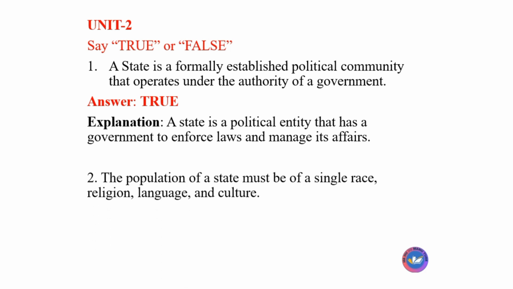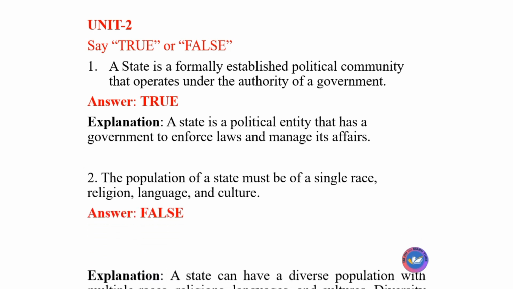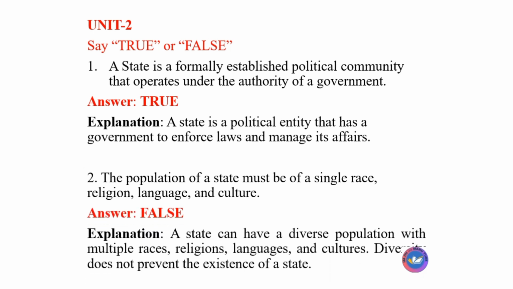Question number 2. The population of a state must be of a single race, religion, language, and culture. The answer is false, because a state can have a diverse population with multiple races, religions, languages, and cultures. Diversity does not prevent the existence of a state.